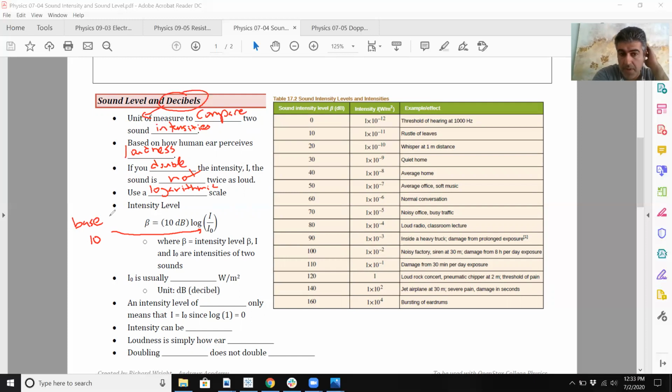So if you double the intensity, I believe, if I think about this correctly here, log base 10. Yeah, it's kind of a fraction.